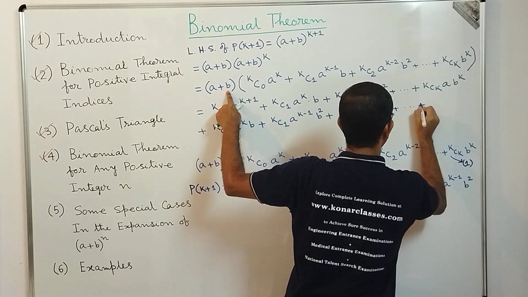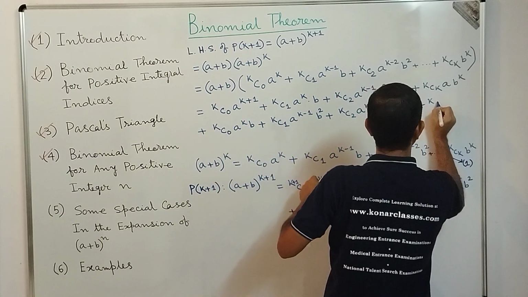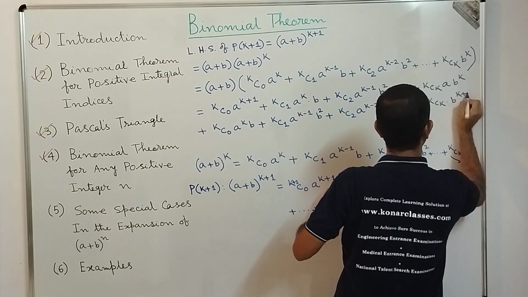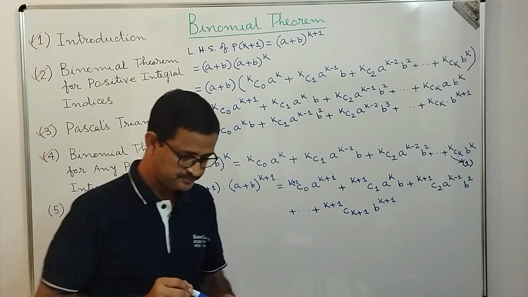In that way it will continue till kCk into b^(k+1). Correct?